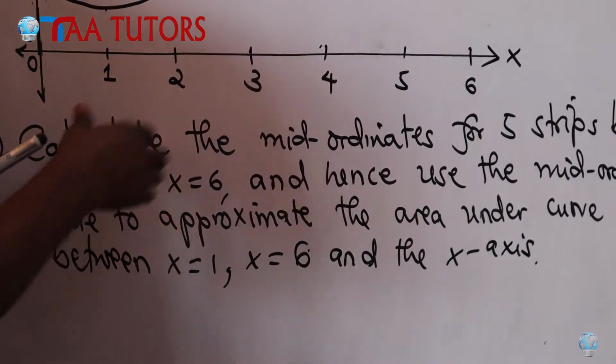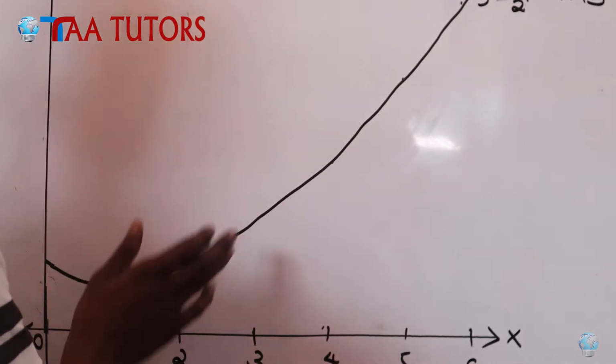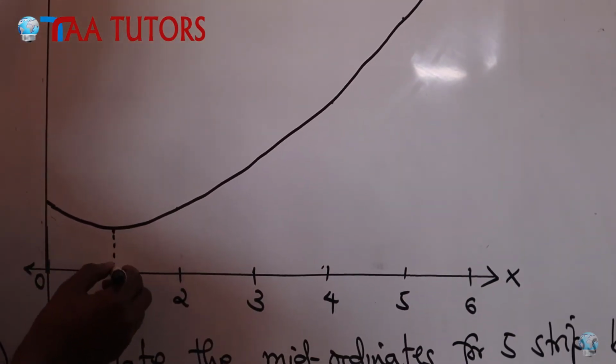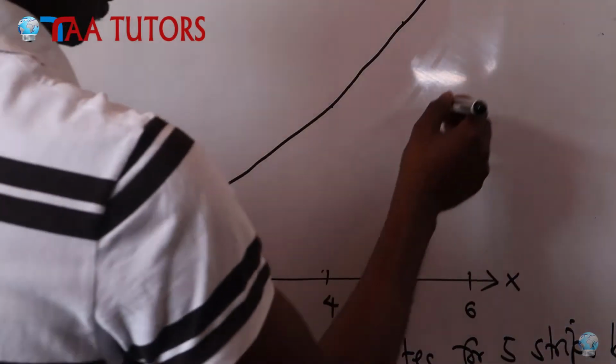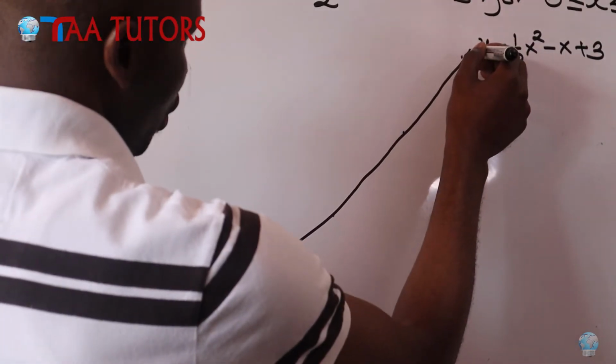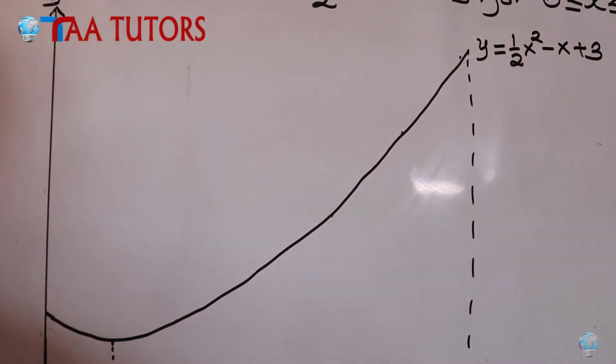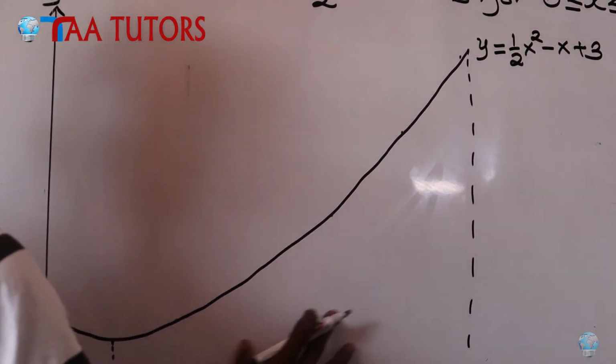This is the curve, but the boundaries are x equals 1 to x equals 6. That's what we need.